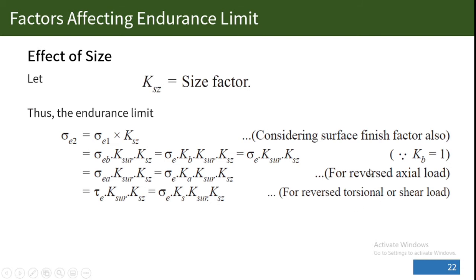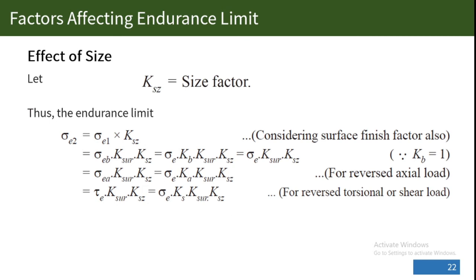Thus, for reversed bending load, reversed axial load, and reversed torsional or shear load, we simply use the corresponding load correction factors, K sub B, K sub A, and K sub S respectively, while we also consider the surface finish factor K sub SUR, and thus we have the size factor K sub SZ.